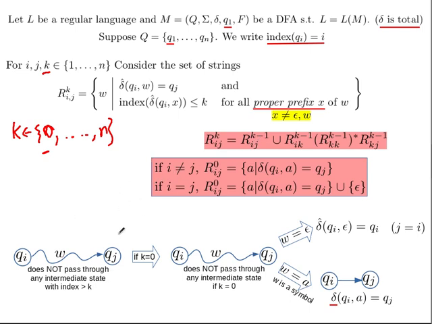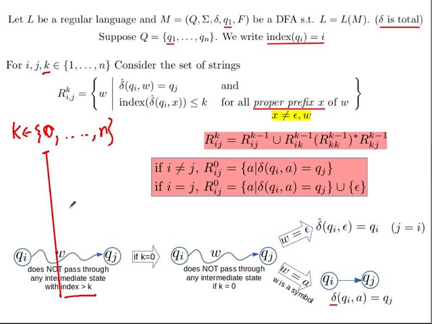Now, what are the strings in Rijk? These are precisely the strings which lead you from qi to qj, and it does not pass through any intermediate state with index more than k, right? So the index can be at most k. So all such strings constitute this set by definition, right?